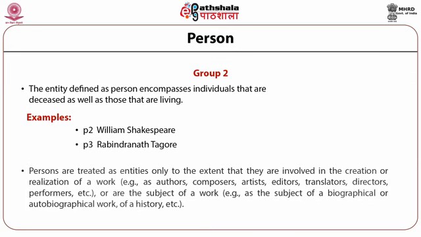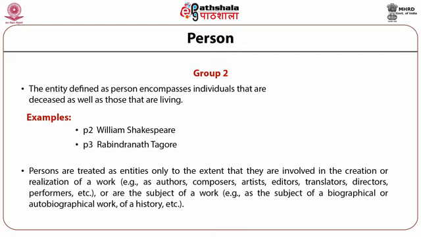Basically, persons are treated as entities only to the extent that they are involved in the creation or realization of a work. For example, if the person is responsible for the creation of a work, he is named as the author, or for music, the composer. There are many books where the responsibility goes to the editor. You see, the Oxford English Dictionary, Webster's English Dictionary, the Encyclopedia Library in Science: are there any authors?